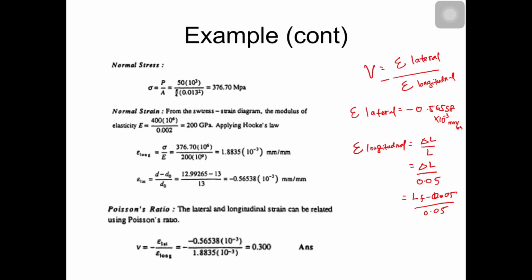Can we find the L final? If you cannot find the L final, you can find it using this equation. Remember E is sigma over epsilon. So E we get here is 200 gigapascal. Sigma is basically P over A. P is 50 kilonewton, A is the area.